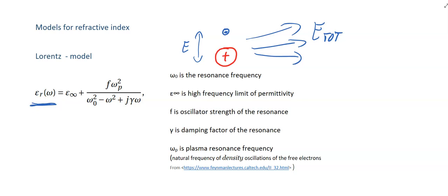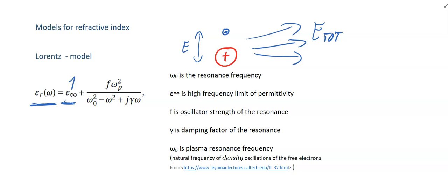This model applies especially well for gases, in which case the constant is 1. For solid materials, we use the epsilon infinity instead.